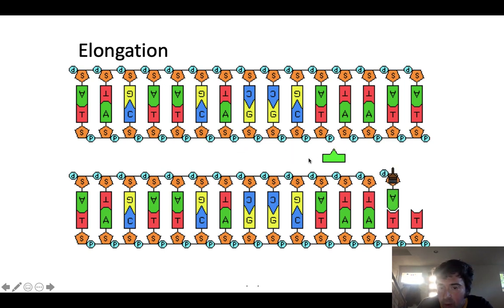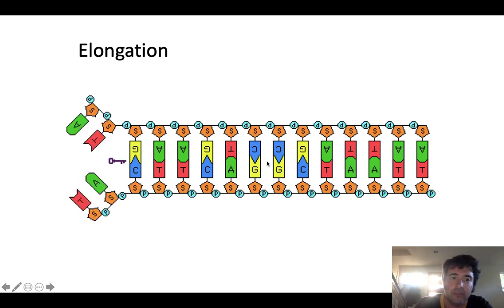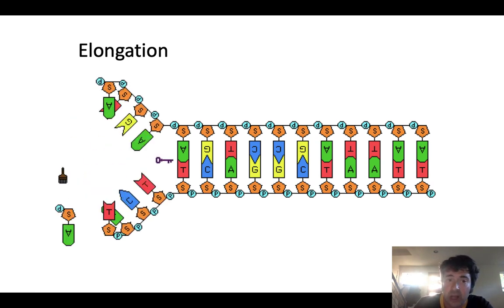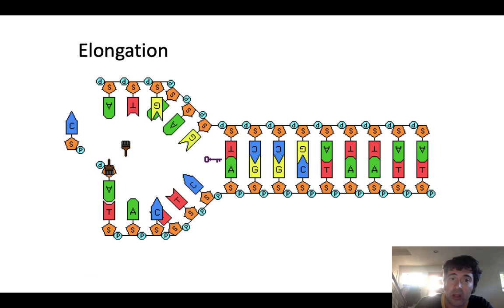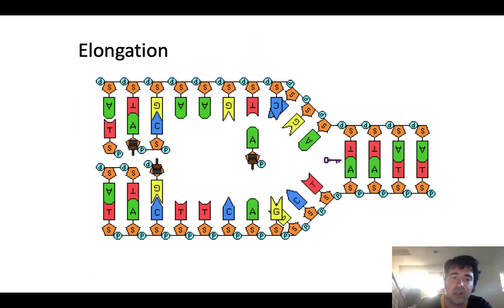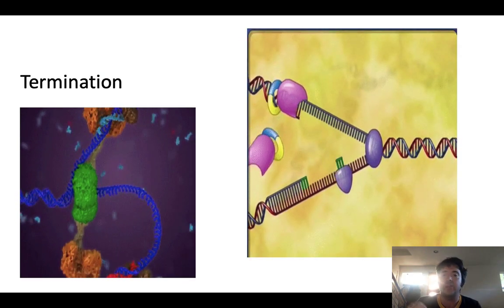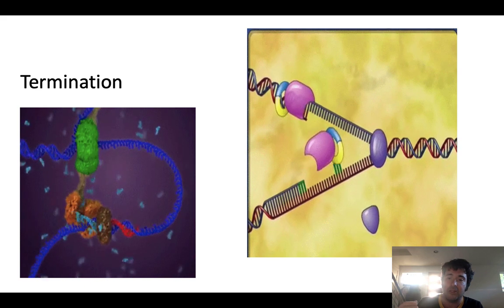And what knits those fragments together is this enzyme right here called DNA ligase. What DNA ligase does is essentially knit those DNA fragments together. So you have initiation with DNA helicase, you have elongation with DNA polymerase, and on the lagging strand, DNA ligase. And when you look at this, eventually you're going to get to a point of termination.